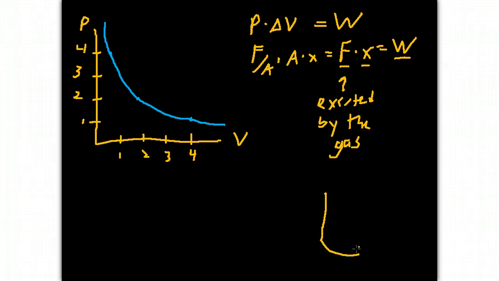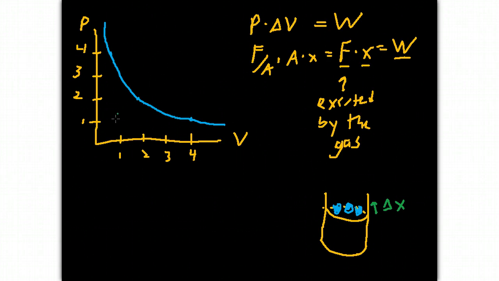We have a little container, and we'll make this the load-bearing part of it, with a couple of weights. Let's expand this upwards. So our delta x is upwards, which means our delta V is increasing. It's going to be positive.